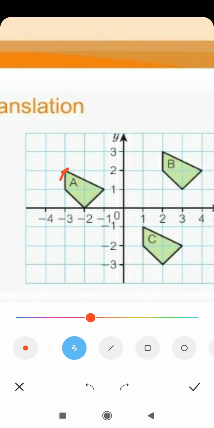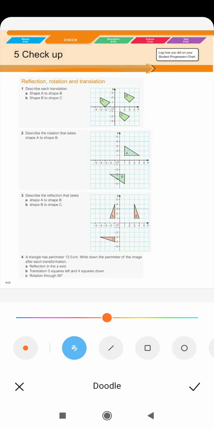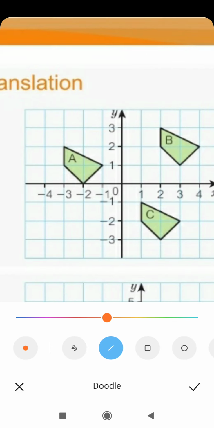First, the 5 that we moved on the x-axis. We moved on the x-axis like this. So when you move on the x-axis, it means that you change the x-axis, or the x-coordinates, okay?